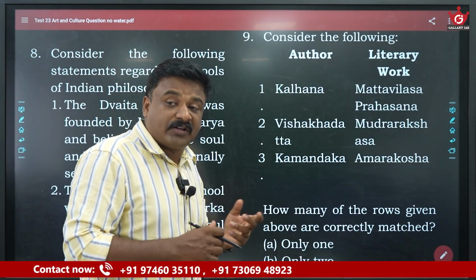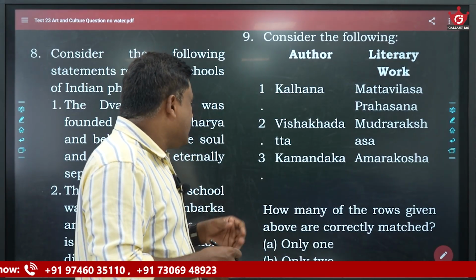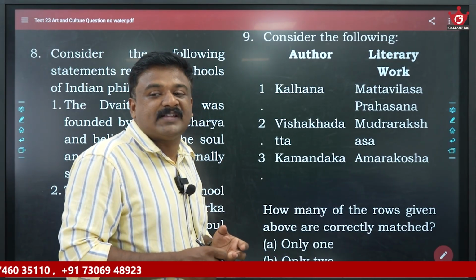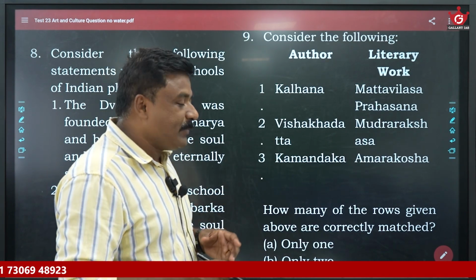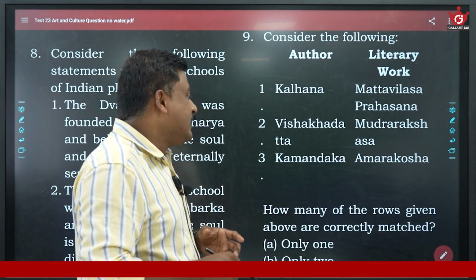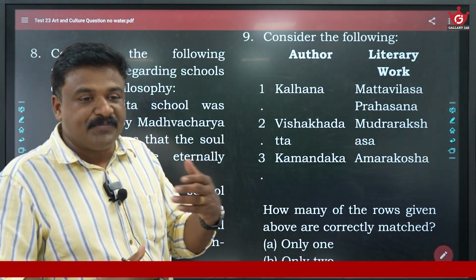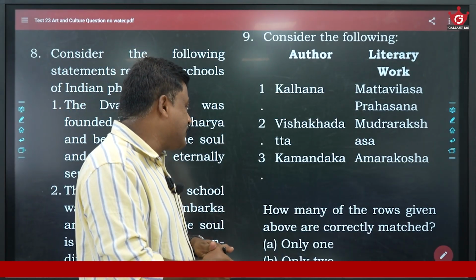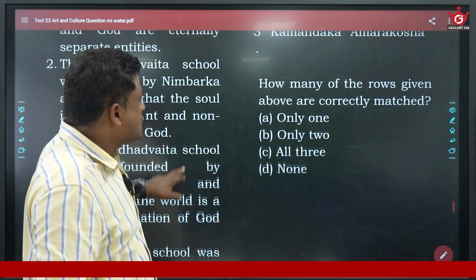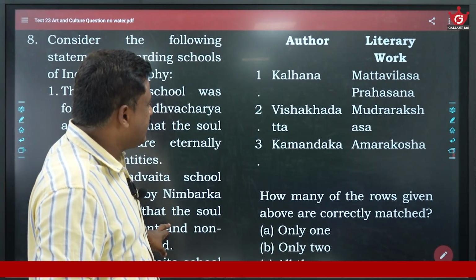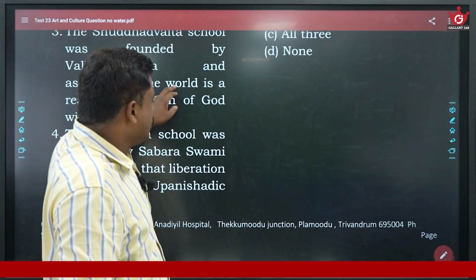Vishakhadatta, his famous work is Mudrarakshasa, that you know. Kamandaka's famous work is Nitisara. It is not Amarakosha. Amarakosha is by Amarasimha. So these popular authors and their literary works, themes or subjects, that is a favorite area for UPSC. Don't skip. So I will go for this one only.